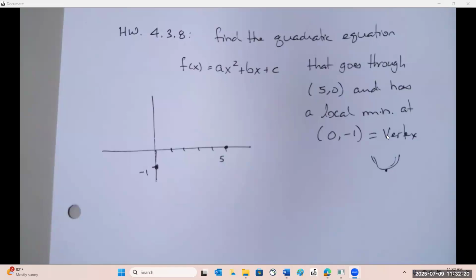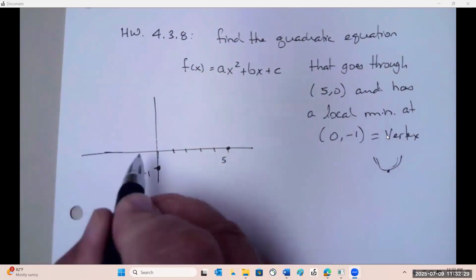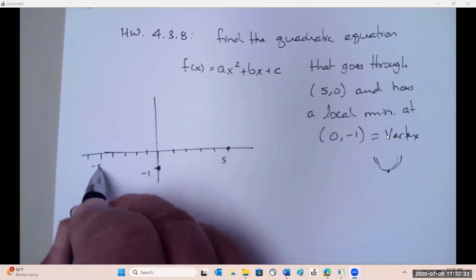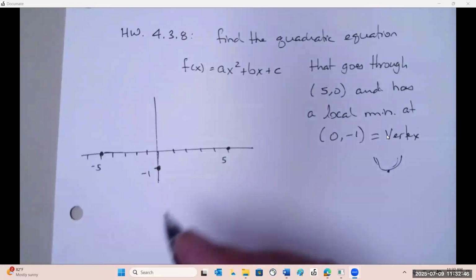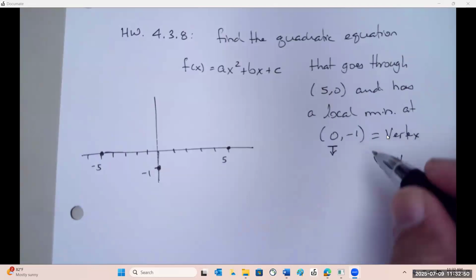So what else can you tell me about what's missing now? There's another x-intercept, which is where? Why does it have to be there? Because the quadratic equation is symmetric about the x value of the vertex, which is called the what?